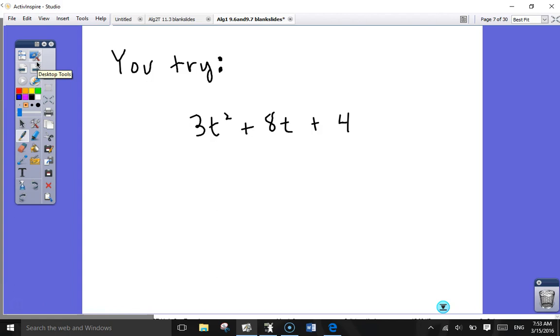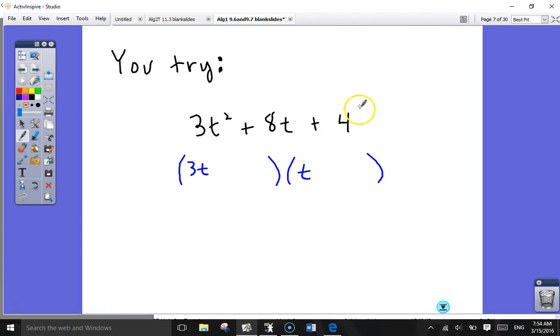try this one. What's different about this one than the one we did before? It's not negative. Well, not just that. Is 4 a prime number? No, so you have a little bit more to check. Because the 3 will be easy, right? You know that 3 could only be 3 times 1, so we could say that's 3t times t.